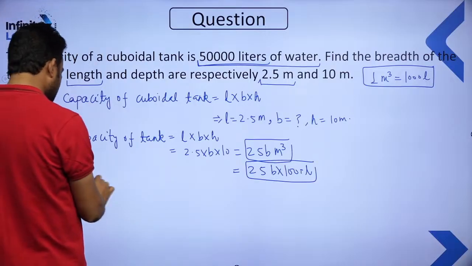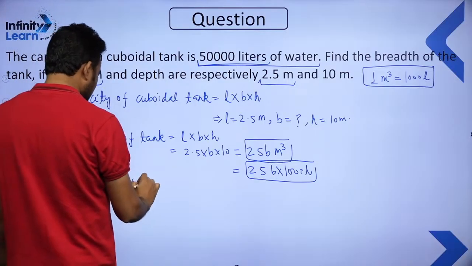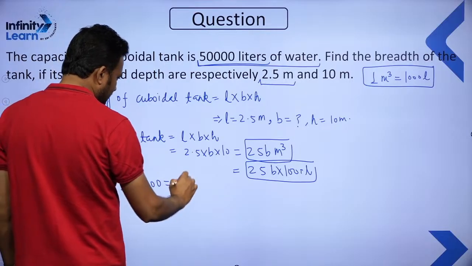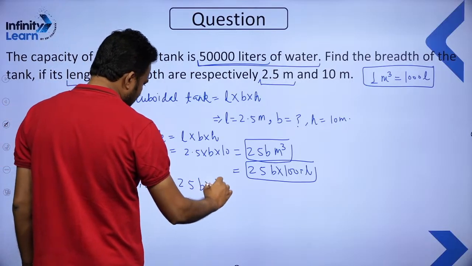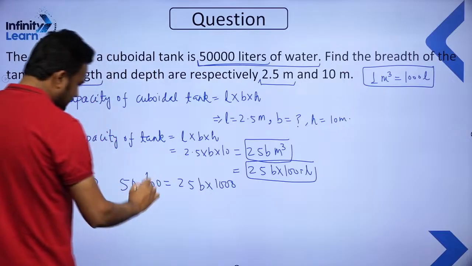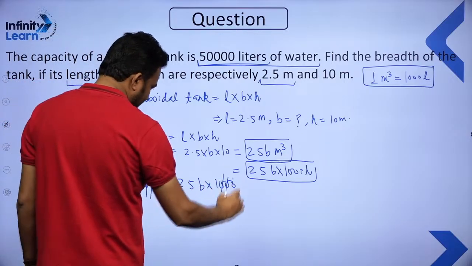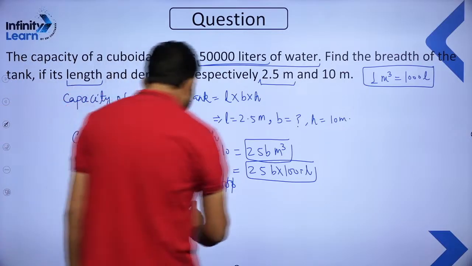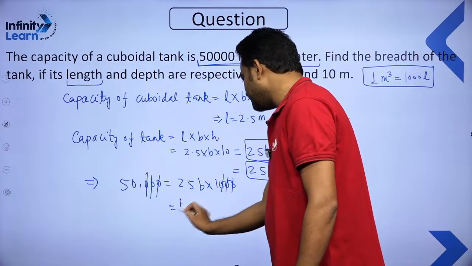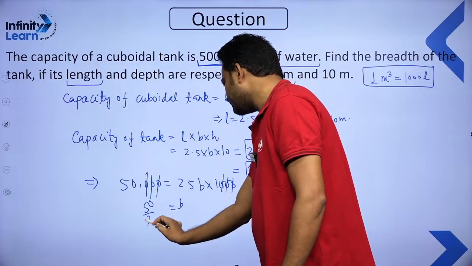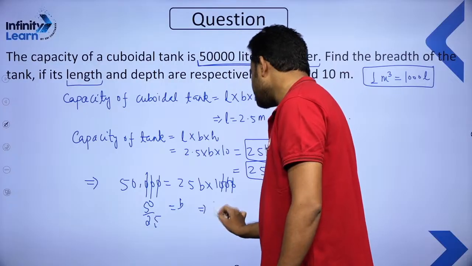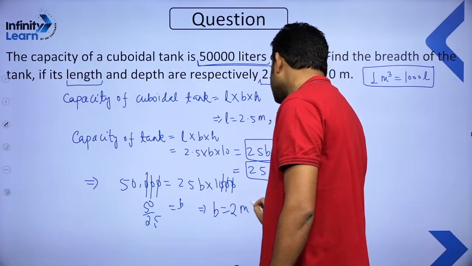So according to the question, 50,000 will be equal to 25B into 1000. So the 1000 cancels out. So 50 is equal to 25B, then B will be equal to 50 upon 25, and 50 upon 25 is 2 meter.